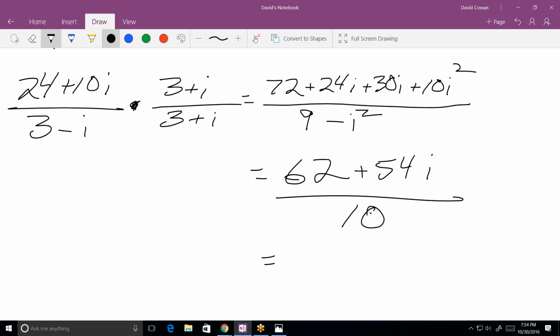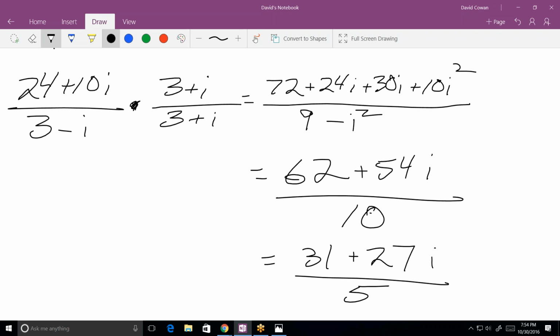So that's going to be 31 plus 27i over 5. Now, 5 is a prime number, so it can only be divided by 5, and 31 cannot, nor can 27. So now I know I'm fully simplified.